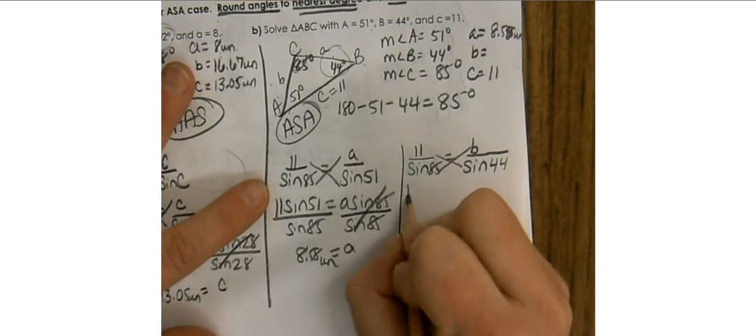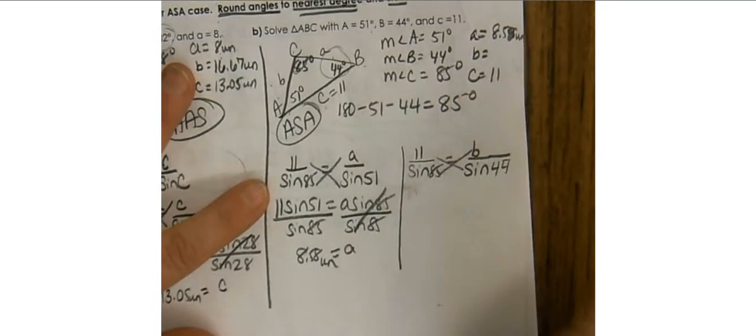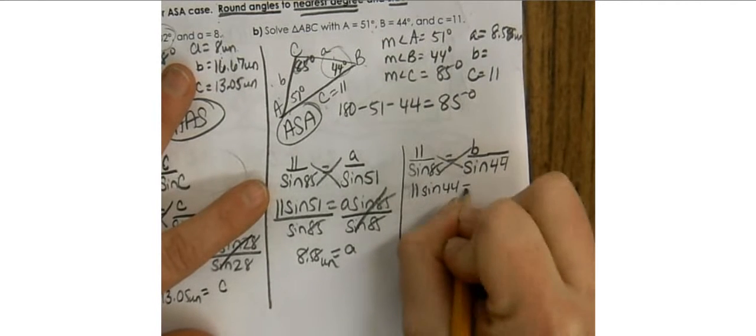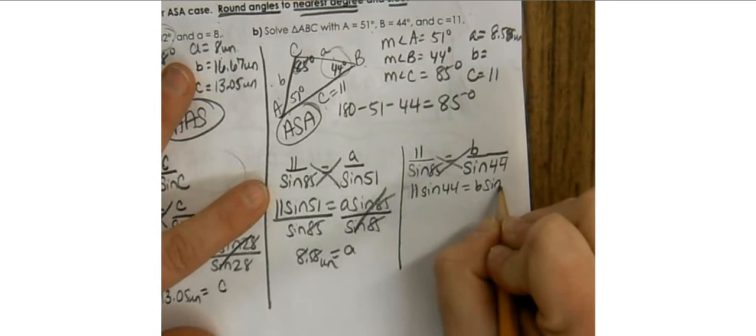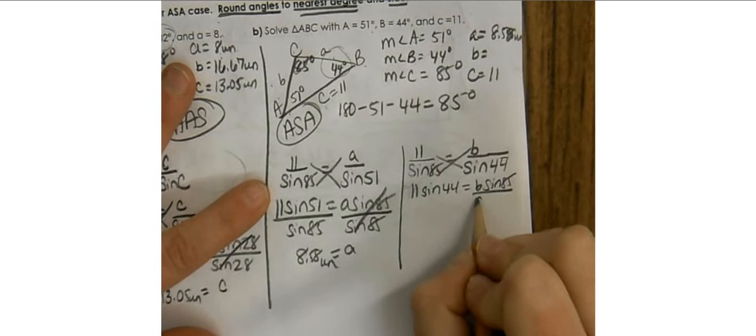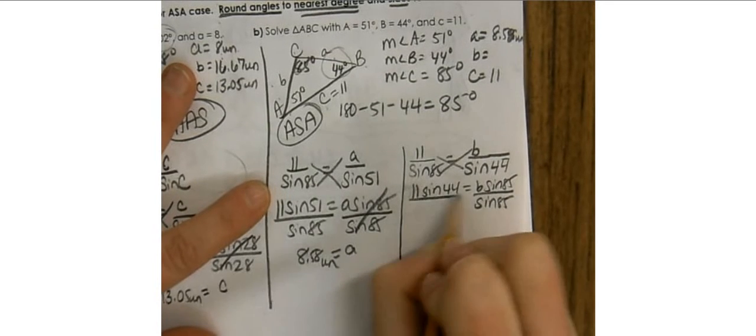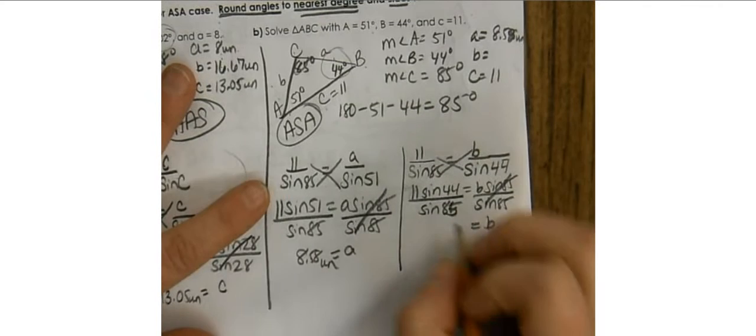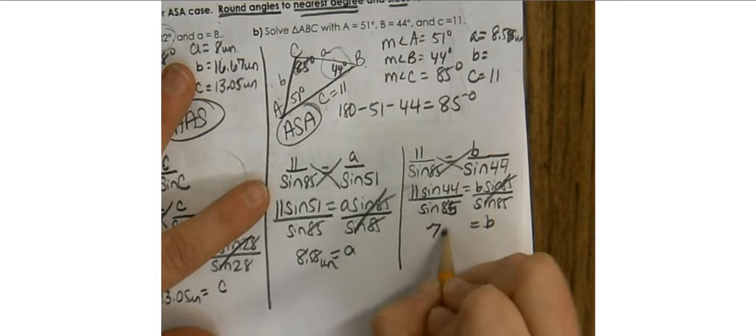So I have 11 times the sine of 44, and that's going to be equal to b times the sine of 85. I'm going to divide both sides by the sine of 85, and I'm going to put that whole thing into my calculator. And when I do that, I end up with b is equal to 7.67 units.